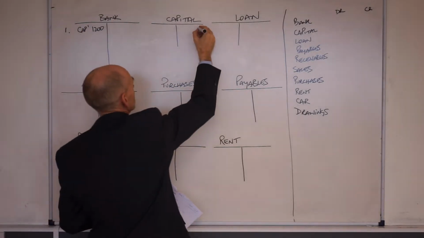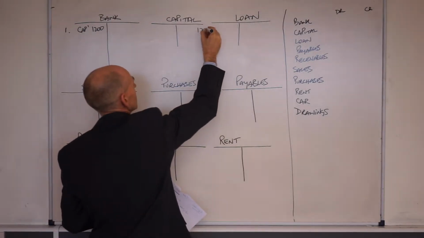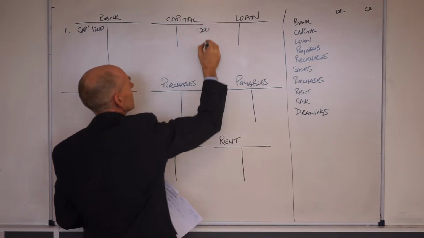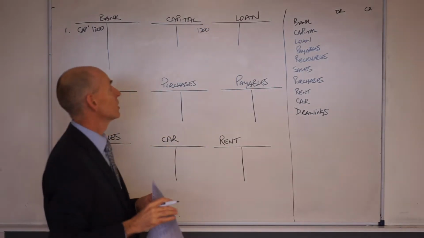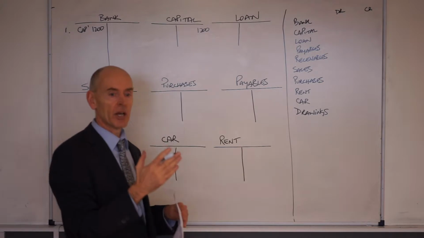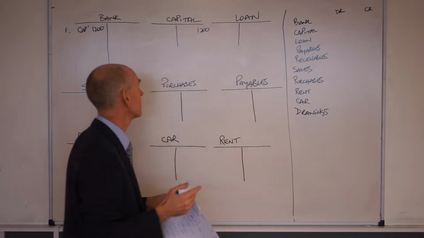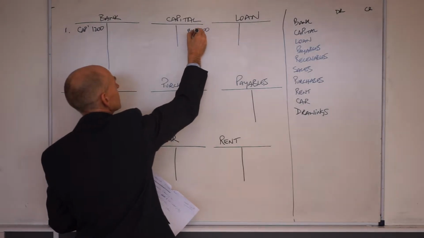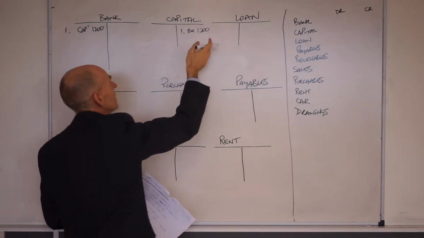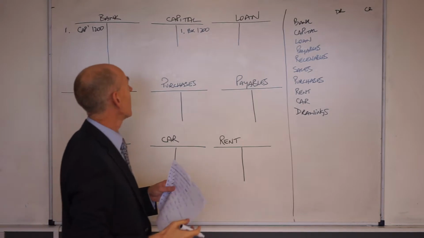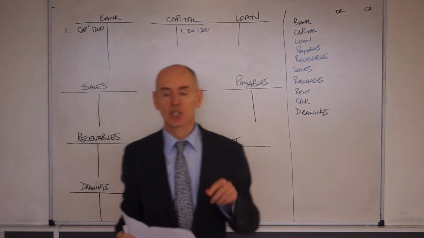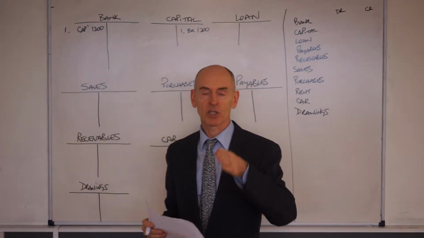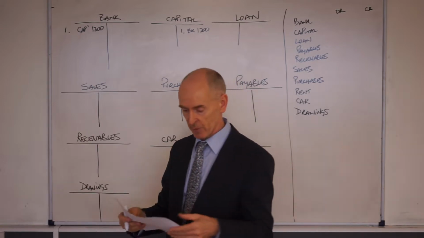So on the capital account, which we know to be a liability, I'm going to therefore credit £1,200. Capital, liability, liabilities are credits. It's in the bank account and it's transaction number 1. So this way of writing the transaction enables you to see a debit and reference the credit, or see the credit and reference the debit.